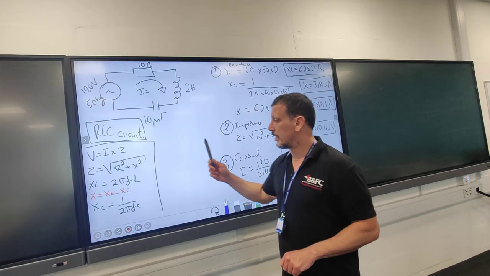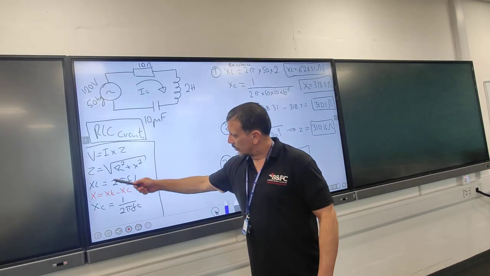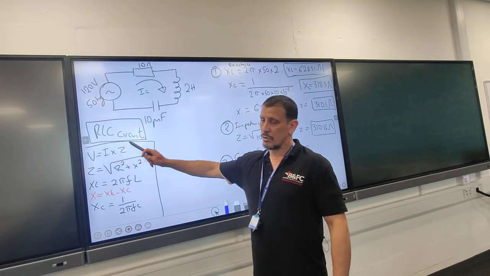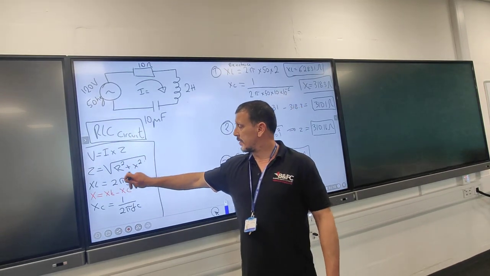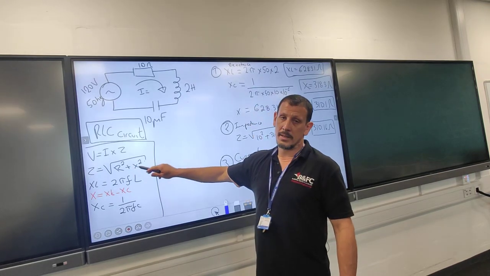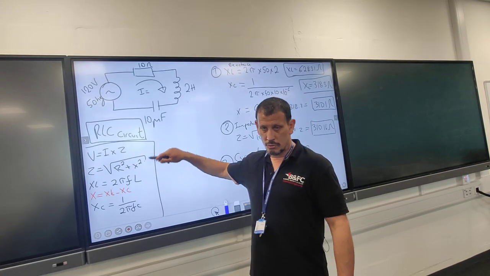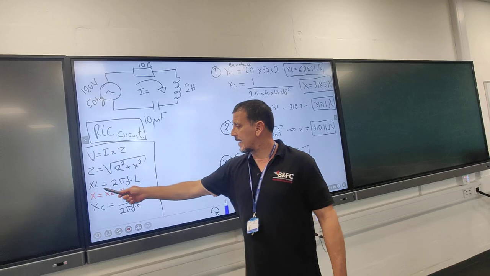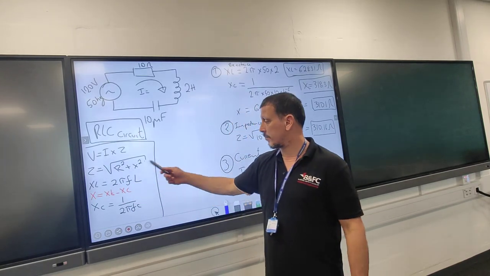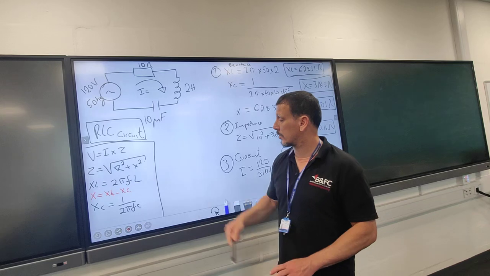So in this question, you have 5 formulas that you're going to use. You have voltage equals current times impedance. You have that impedance equals the square root of resistance squared plus X squared. You have XL, the inductive reactance, which is 2 pi F L, F being the frequency, L being the inductance.